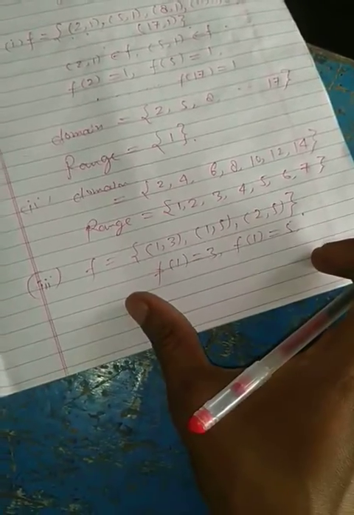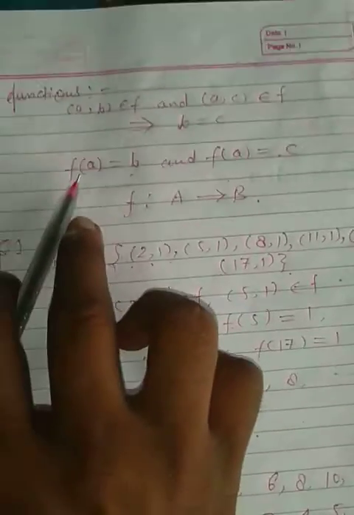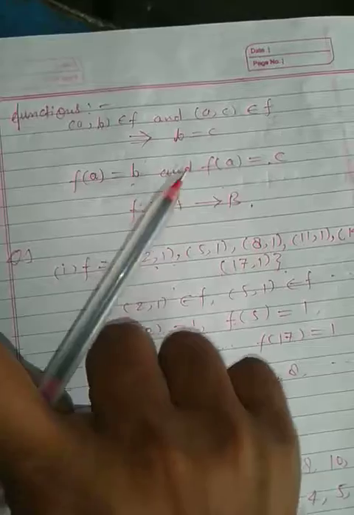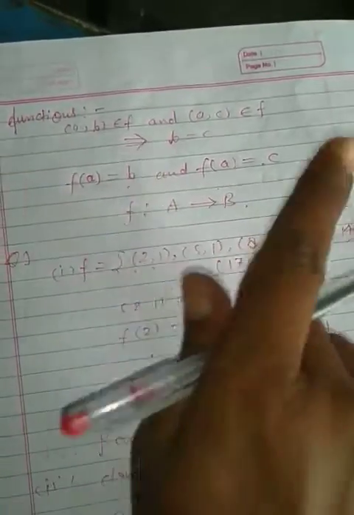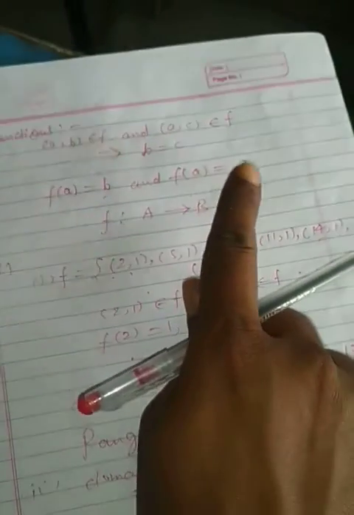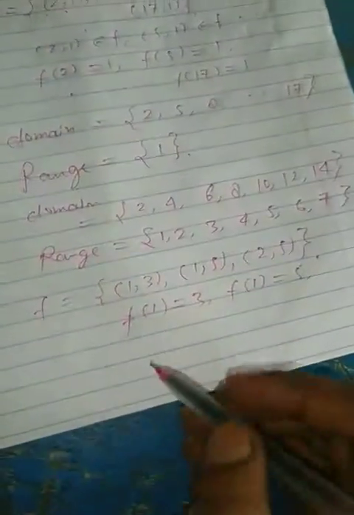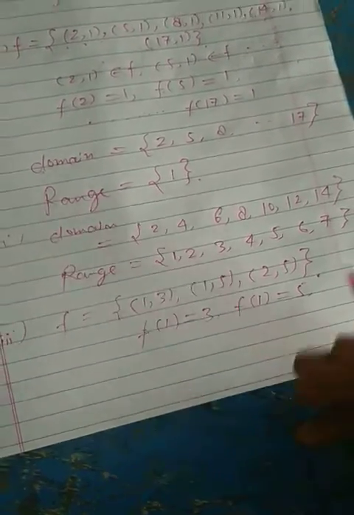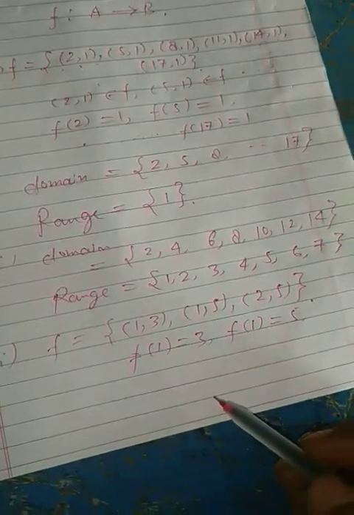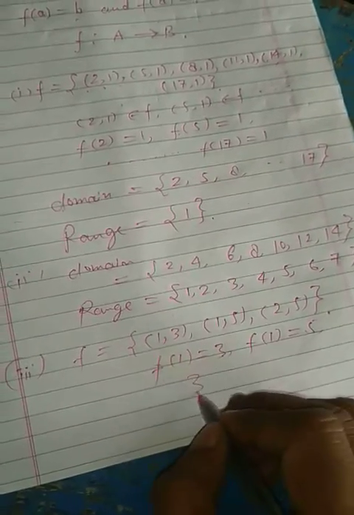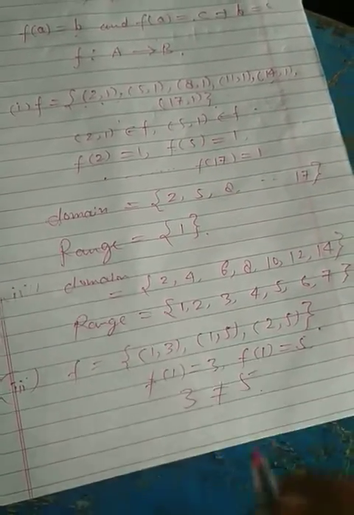Here the definition of a function fails, because if f(a) equals b and f(a) equals c, then f is a function if and only if b equals c. Here f(1) equals 3 and f(1) equals 5, but 3 does not equal 5.